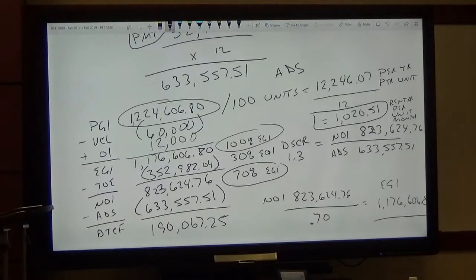This is taking just simply 90%. This is dividing it by 1.1. It's a question of where your point of basis is.